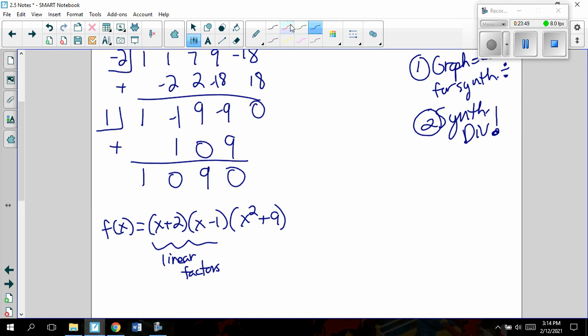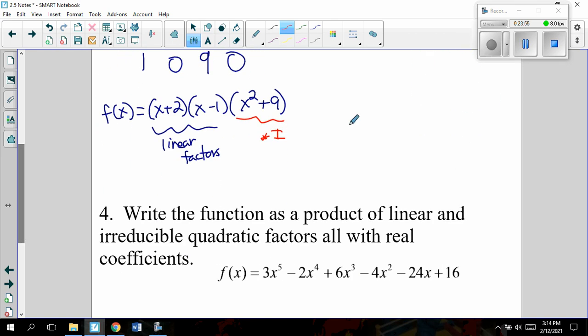Okay, and this thing we are going to call an irreducible quadratic. And what that means is that this thing has complex zeros.